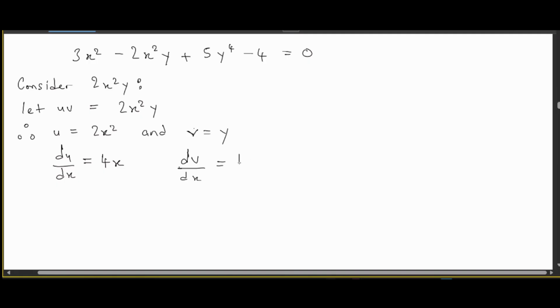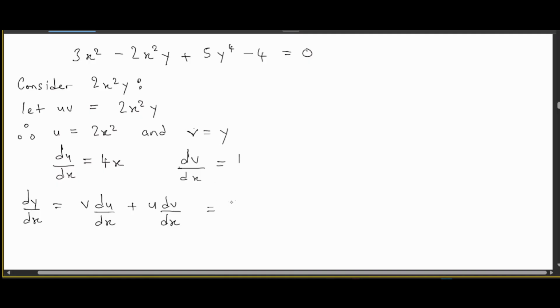It's equal to 1. Okay, so we know that dy dx according to the product rule, how is it written? What is the formula? It starts with v du dx plus u dv dx.